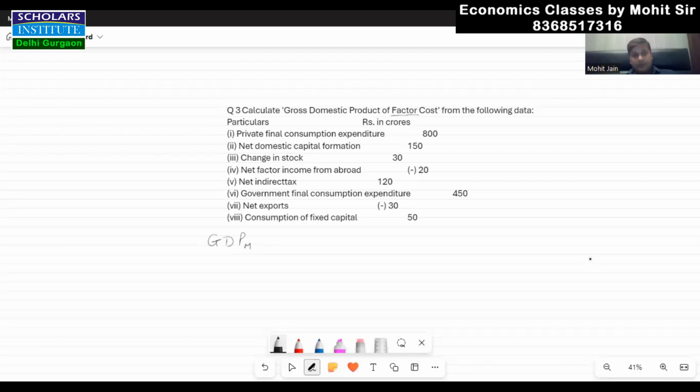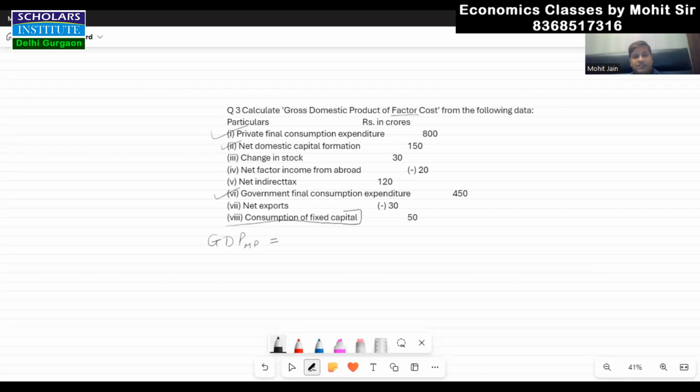GDP MP, which is private final consumption expenditure plus government final consumption expenditure plus gross domestic capital formation, for which you have been given net domestic capital formation. You will have to add depreciation to it.